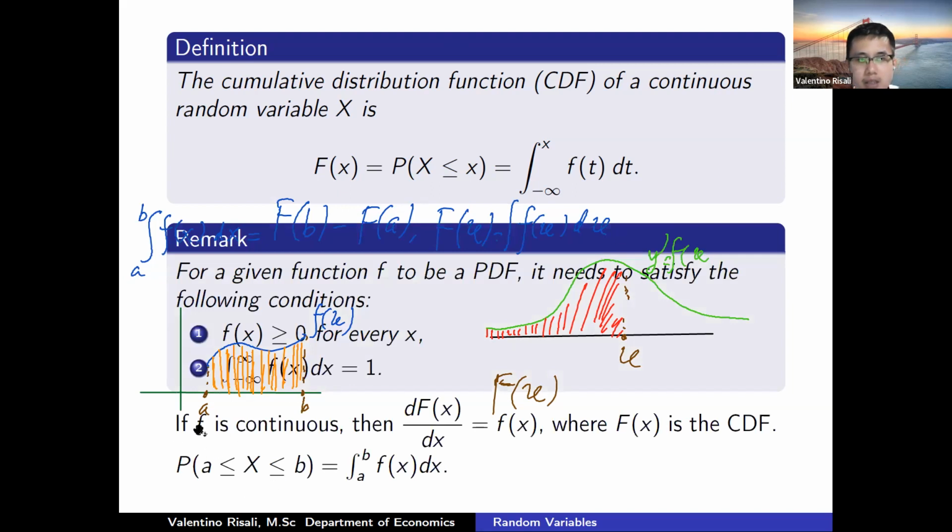And if F is continuous, then we have this relation between the CDF and PDF. That is, the PDF is the derivative of the CDF. And yeah, directly from the fundamental theorem of calculus, the probability of this interval is this integral.